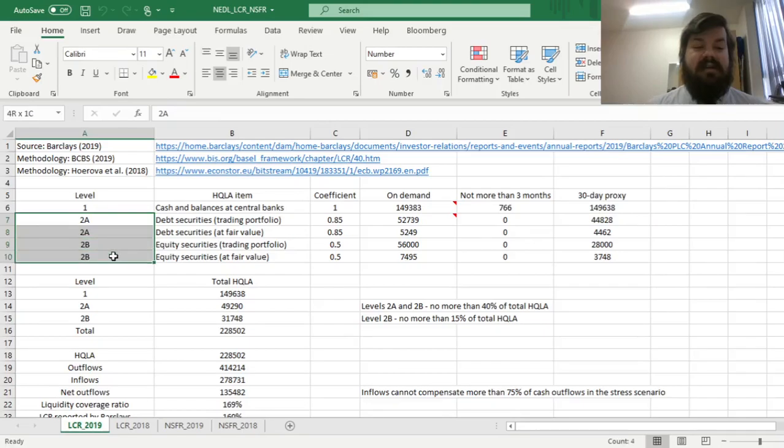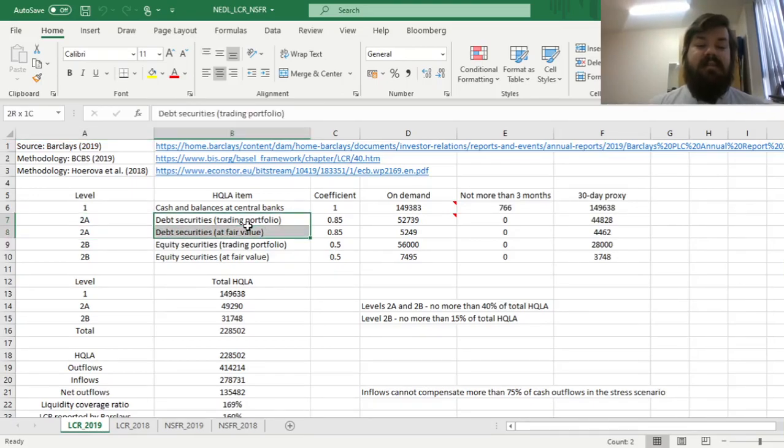Then level 2 assets are the assets that can be liquidated at some cost. And because it's a stress scenario, a scenario when financial markets are distressed, when there is a liquidity crisis, you need to take into account reasonable haircuts, reasonable deductions from the current values of these assets. At which drawdowns would you be able to sell these assets to provide for outflows? And level 2A assets are generally high quality debt securities, which are high quality government, sovereign, or corporate debt.